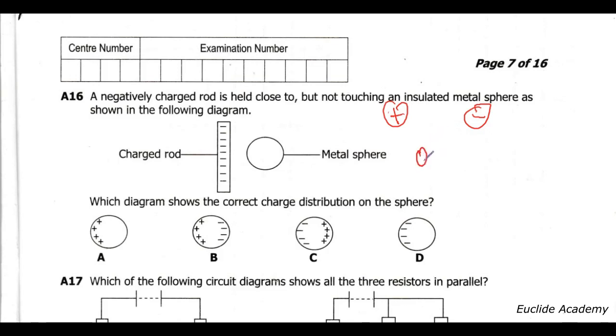So if you have negative, the negatives will repel. So we expect the opposite of the negative charges to be right here. They'll be attracted to each other. So the negatives will be on the other side. So it should be B.